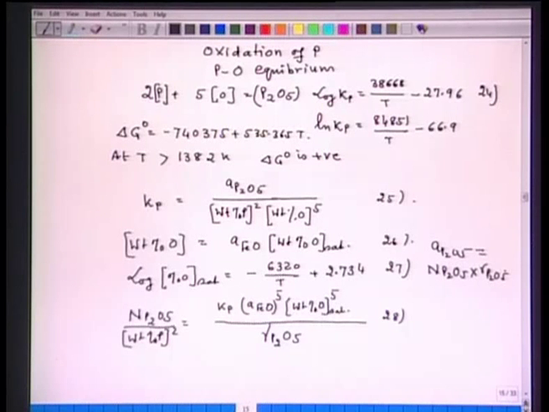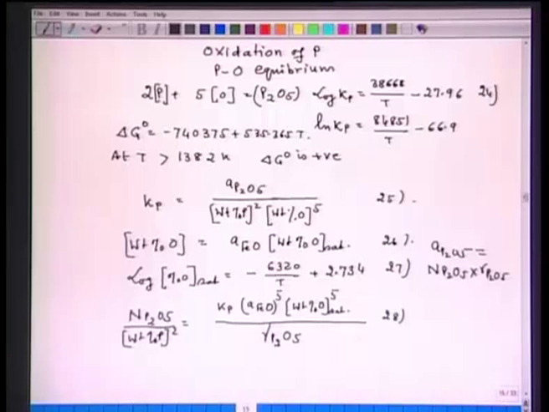Now, on the assumption that the slag obeys Raoult's law, gamma P2O5 is the activity coefficient of P2O5.